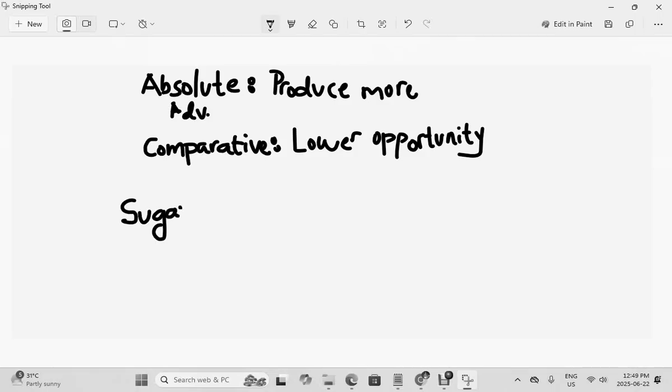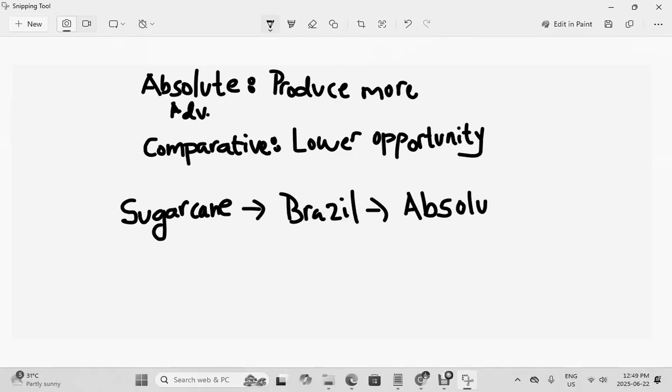As a result, countries like Brazil produce a lot of sugarcane, and Brazil is one of the top producers. When they produce sugarcane, they have an absolute advantage for that crop, because they produce more than other countries such as the US. So this is absolute advantage.